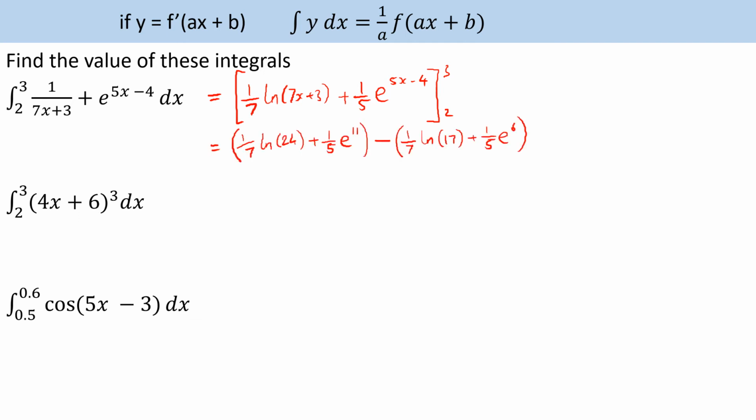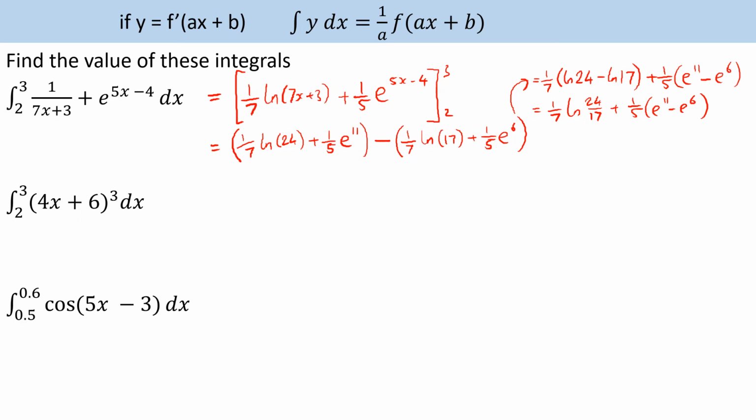So if we sub in 3 and we sub in 2, we get this lovely looking expression, which we're not going to be able to simplify much, but let's see what we can do. We could pull out some factors and combine together the ln's and the e's. And then we can do one more thing, which is to use the log rule here, and so we've got ln of 24 over 17, I suppose. Not necessarily sure that all of this is useful or relevant, but it's nice to do, isn't it? Anyway, that'll be our final answer.